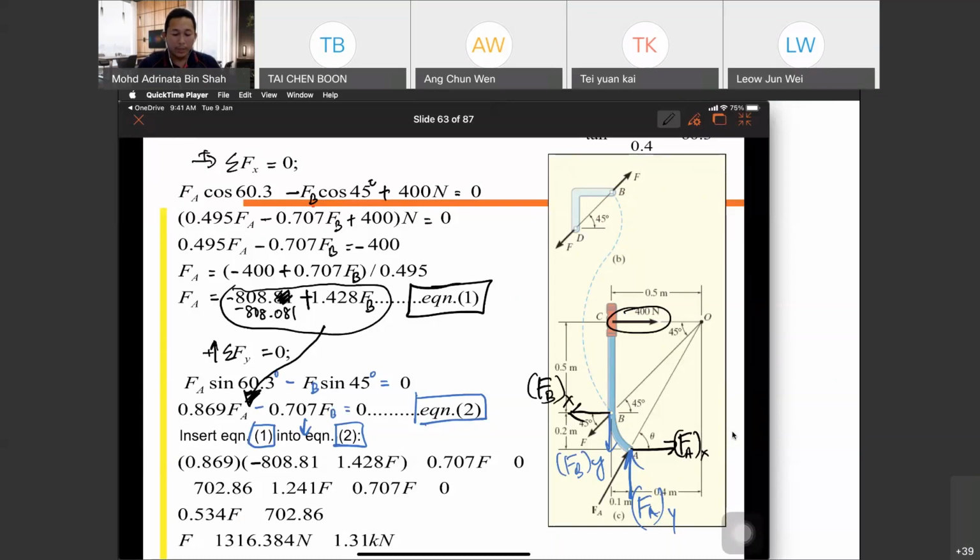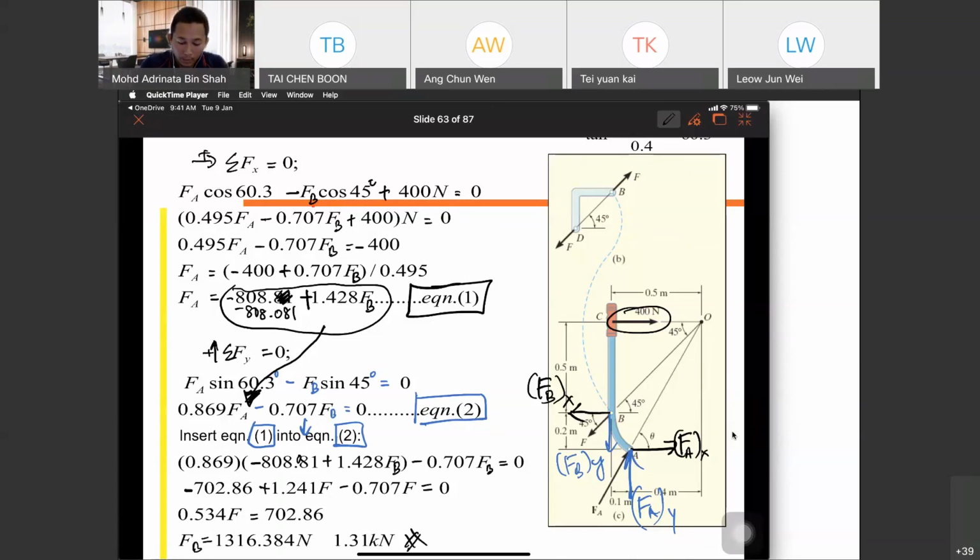So you will have 0.869 times negative 808.081 plus 1.428 FB, then minus 0.707 FB equals to 0. So you can solve it, and FB equals to 1.316 kilonewton.